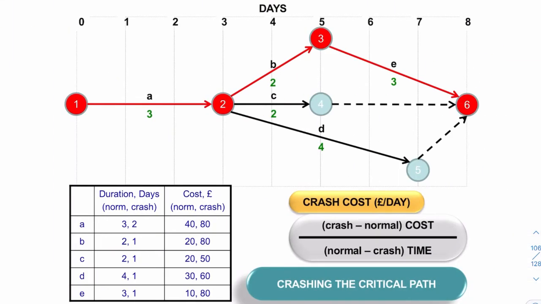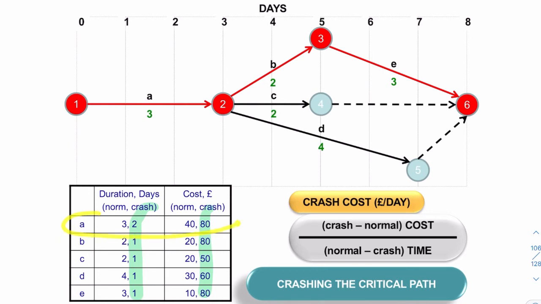So back to our example. This time we have an additional column where we have not just the cost, you've seen that. Now we've added the crashed cost. And instead of just having the normal duration, we now have a crash duration. So what does that mean?